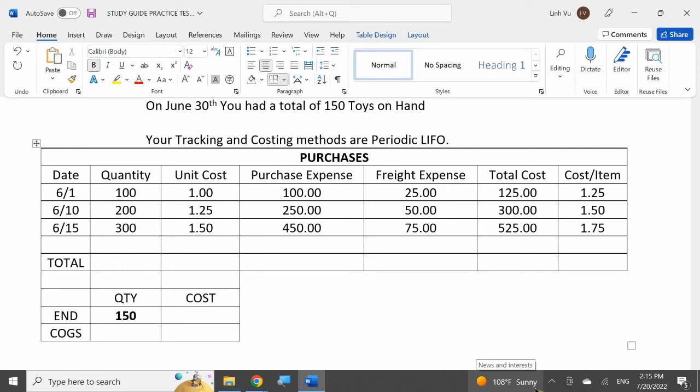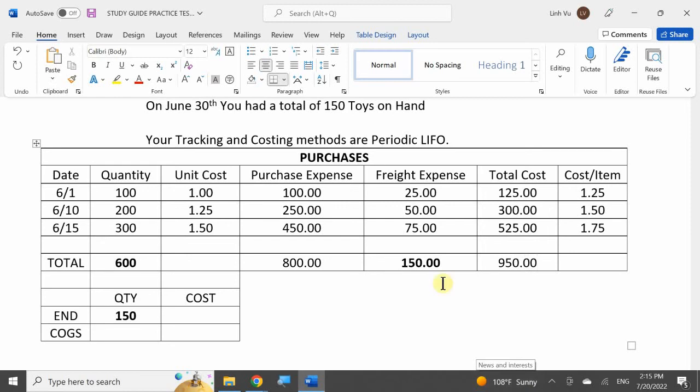How many items did I purchase in grand total? 600. What was my grand total purchase price? $800. How much was my total freight? $150. So that gave me a grand total of $950.